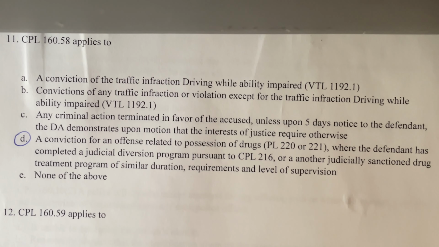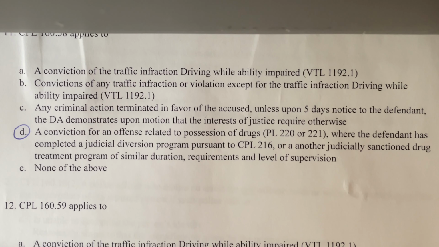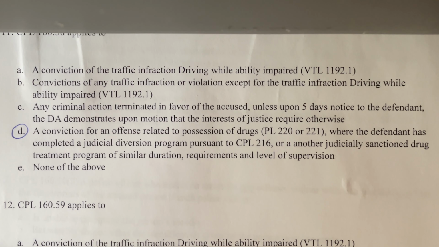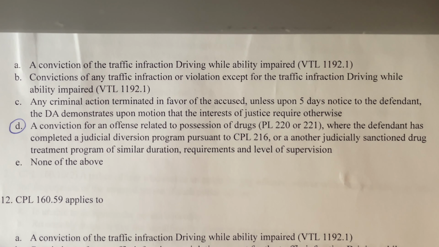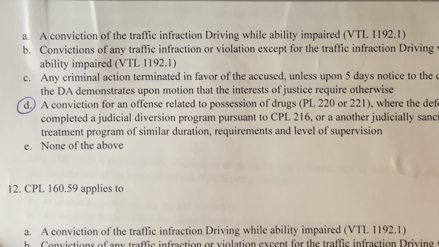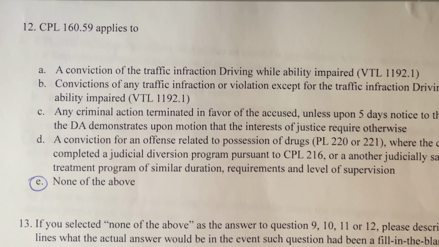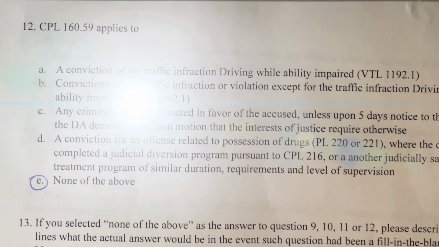11, CPL 160.58 applies to, and the answer was D, a conviction for an offense related to possession of drugs, 220 or 221 of the penal law, where the defendant has completed a judicial diversion program pursuant to CPL 216 or another judicially sanctioned drug treatment program of similar duration, requirements, and level of supervision. 12, 160.59 applies to, and the answer to this was none of the above.